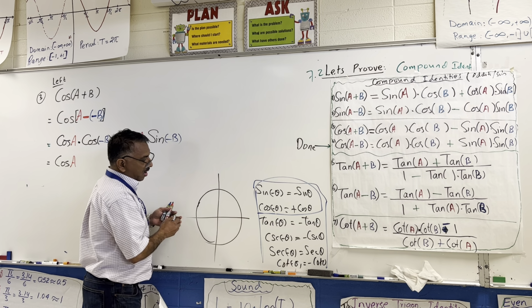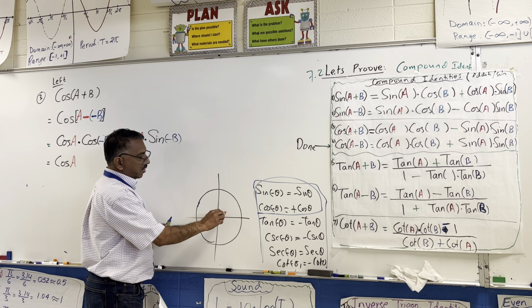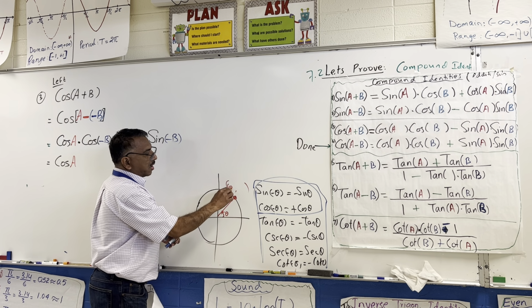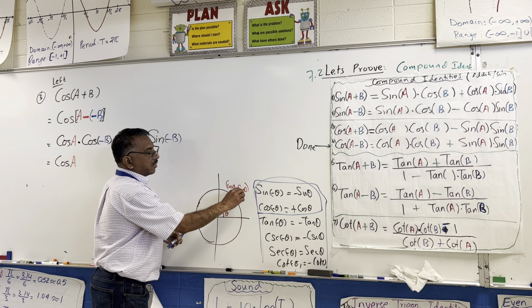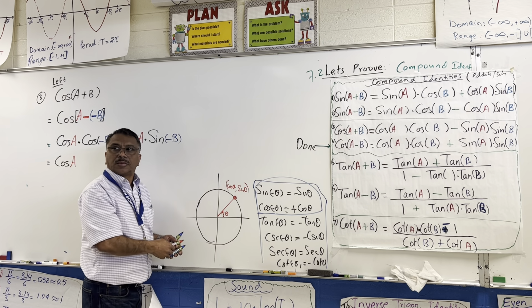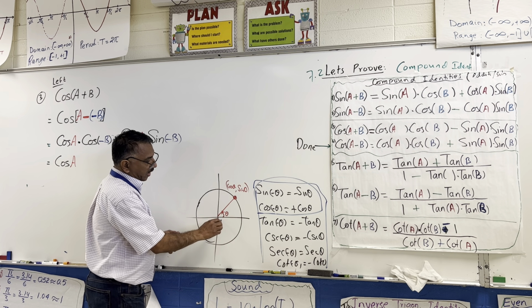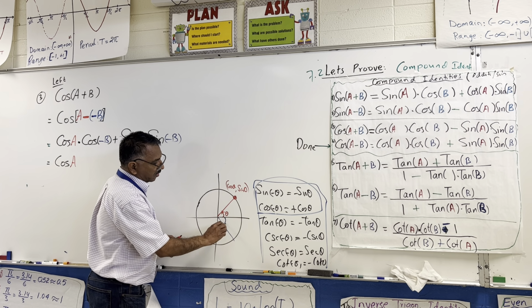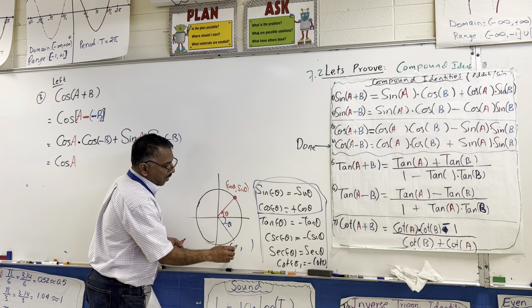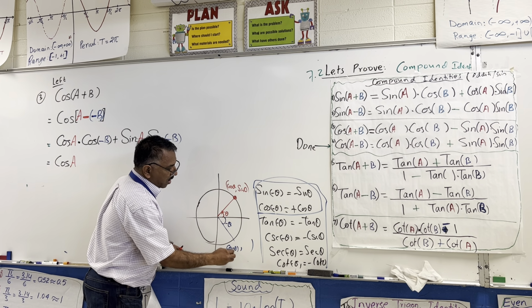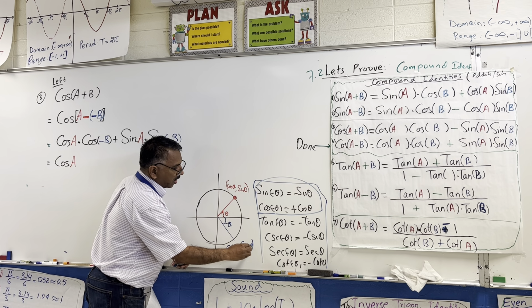If you have an angle theta here, this is cosine theta and this is sine of theta. Do you remember that? And I can do the same thing at the bottom with the same angle in the clockwise direction, which is minus theta. So this one is cosine of minus theta and sine of minus theta, agreed?